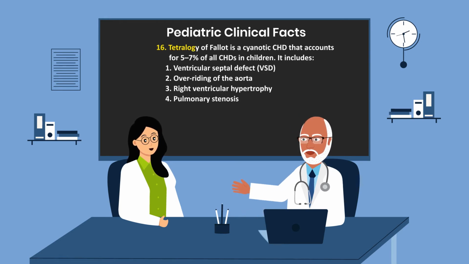Tetralogy of Fallot is a cyanotic congenital heart disease that accounts for 5 to 7% of all congenital heart diseases in children. It includes ventricular septal defect, overriding of the aorta, right ventricular hypertrophy, and pulmonary stenosis.